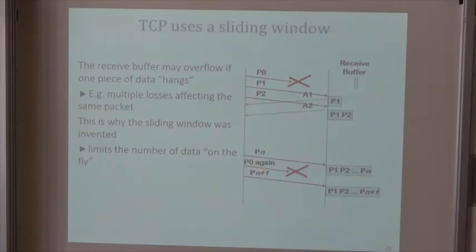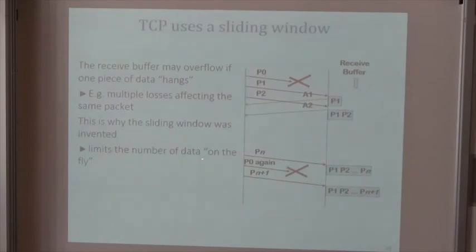If you do this stupidly, then you will potentially need an unbounded buffer. If it happens that P0 is lost many times in a row, you will need a very large buffer. That's the first reason that motivates putting a limit on the number of packets you can send in parallel. This is called the window.